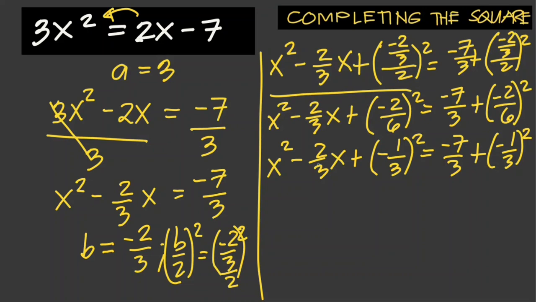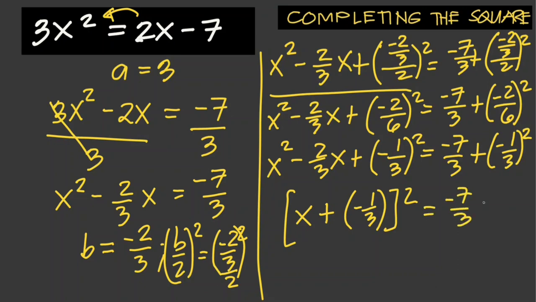So let's factor that. So this would become x plus negative 1/3 squared. This is equal to negative 7 over 3 plus 1 over 9. Okay. Let's simplify this one first so we won't be confused.